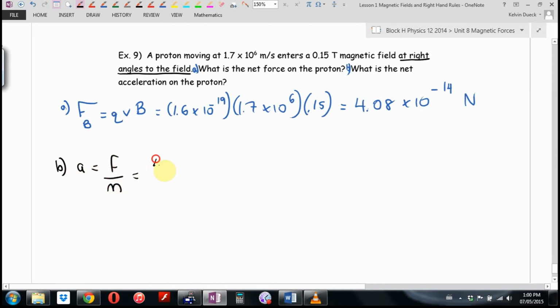Which F? 4.08 times 10 to the negative 14. Which M? It's a proton. It's on there somewhere. 1.67. I missed the times 10 to the negative? Negative 27.